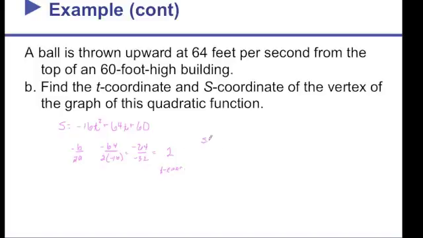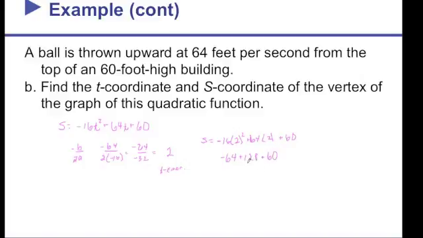So my s coordinate will be negative 16 times t squared, which is 2 squared, plus 64 times 2 plus 60. t squared is 4. 16 times negative 4 will be negative 64. 64 times 2 is 128 plus 60.